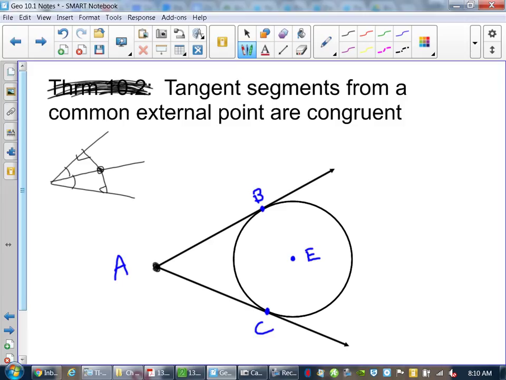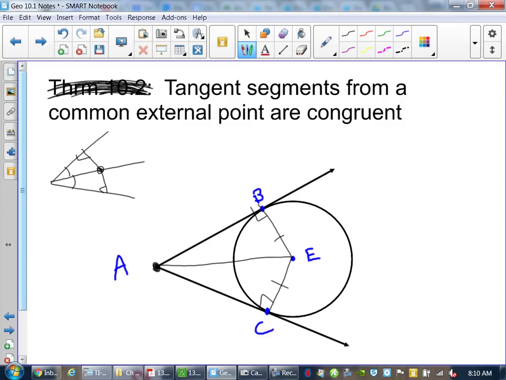So if you draw this, you get that. Since they're tangent, they're perpendicular, so you get that right angle. Now, if I draw this, between those two triangles, what is that segment between A and E called?